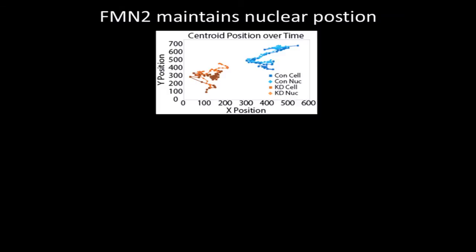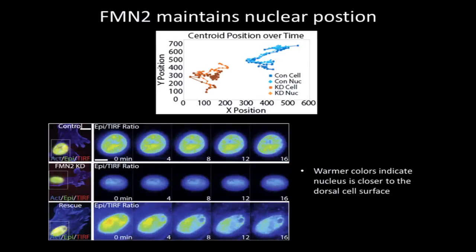If you're familiar with cell polarity studies where you make a wound at the edge of a cell layer and the cells start migrating into the wound and the MTOC orients in front of the nucleus, that process is messed up a little bit too. So you get a little bit of nuclear positional defects.